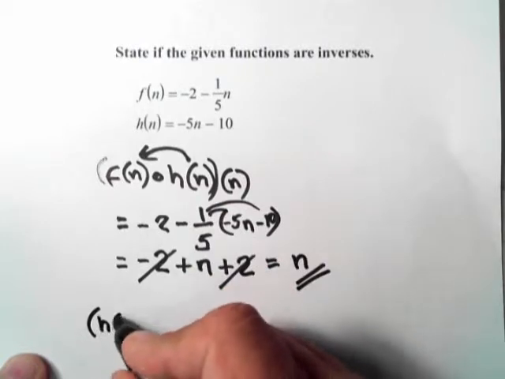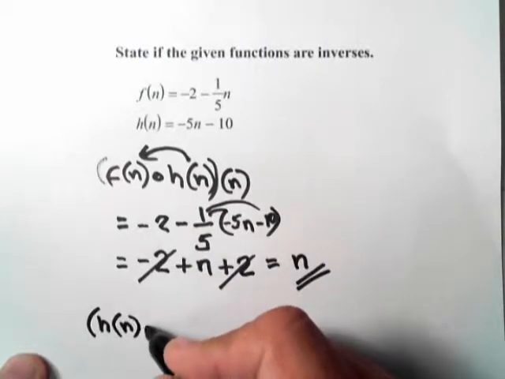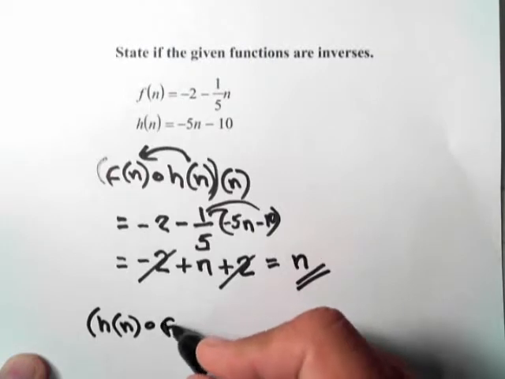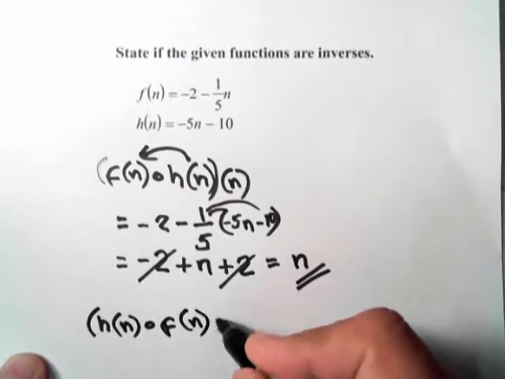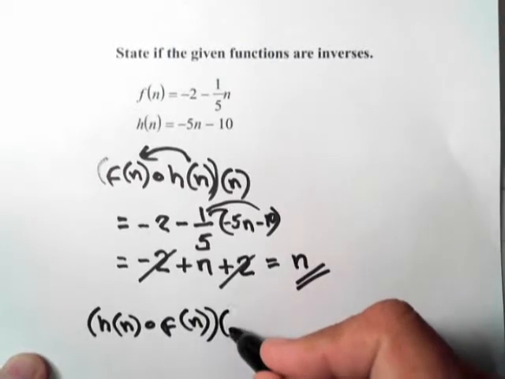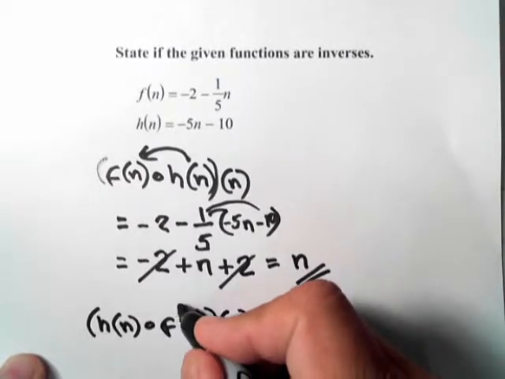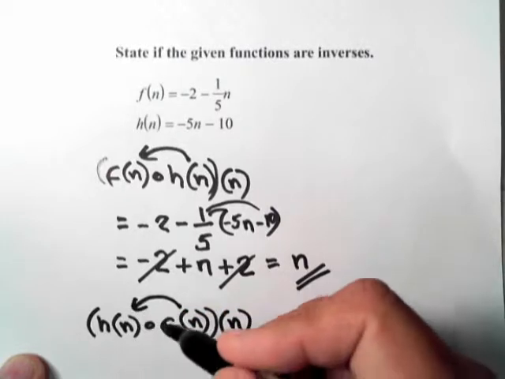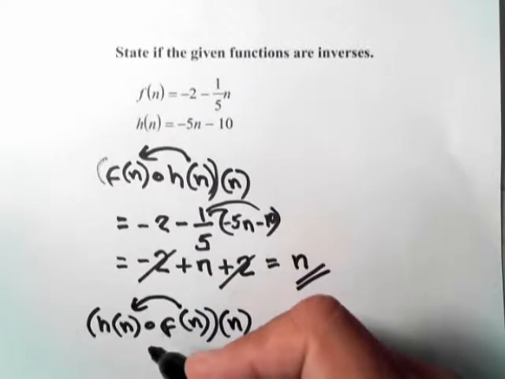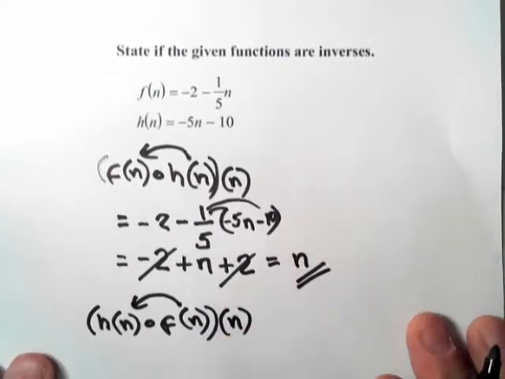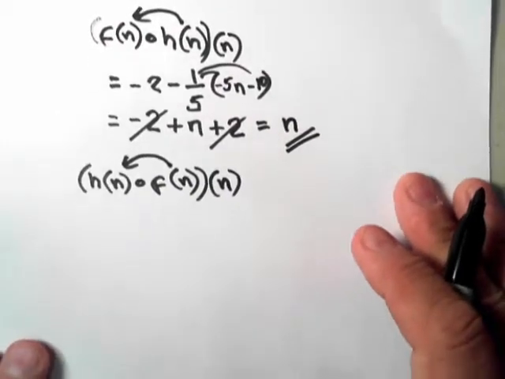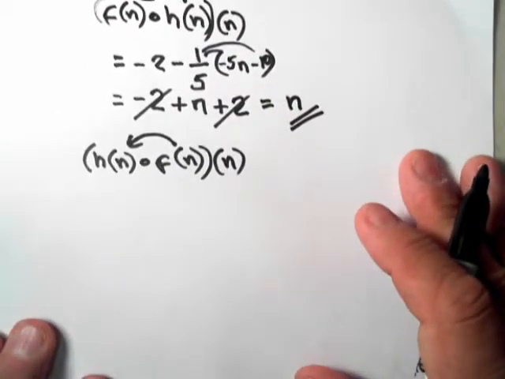We take h of n and compose it with f of n, and of course we keep the variable n in the equations here. Once again, second one goes into first one. Composition is really easy, that's all you have to remember. So let's go ahead and follow what we're going to do now.